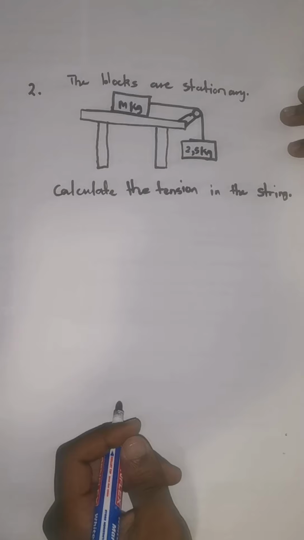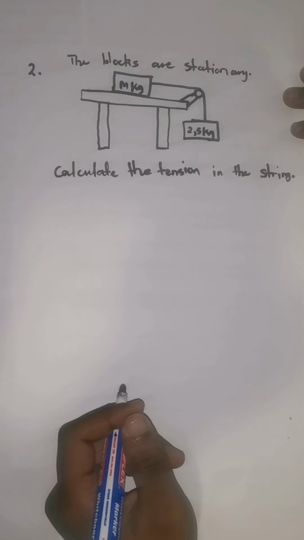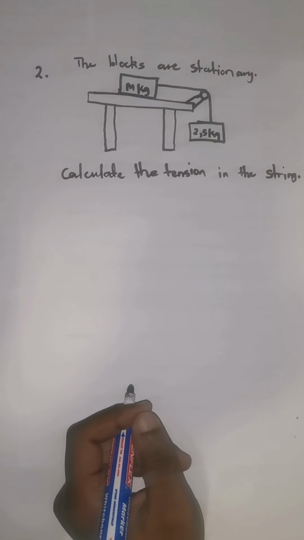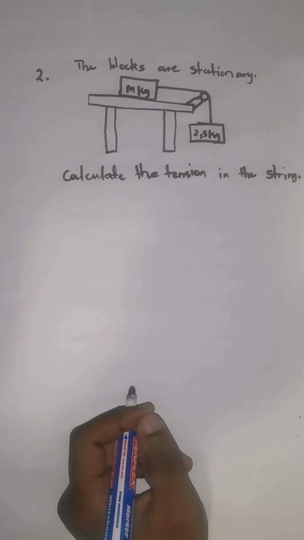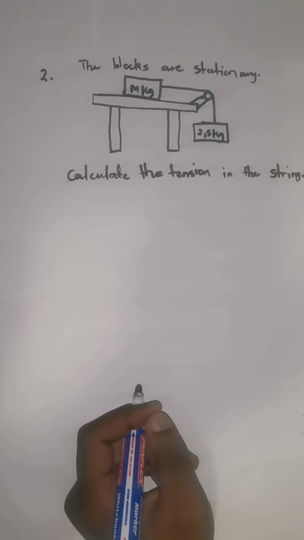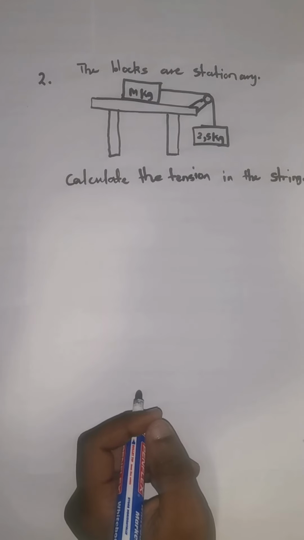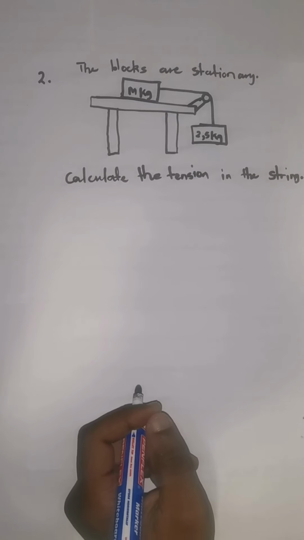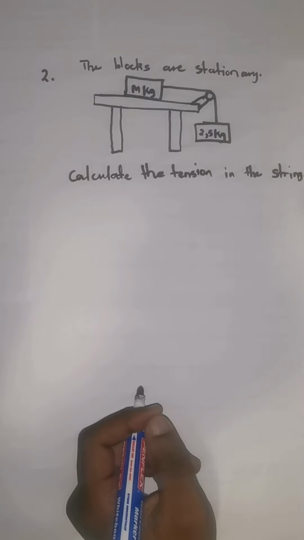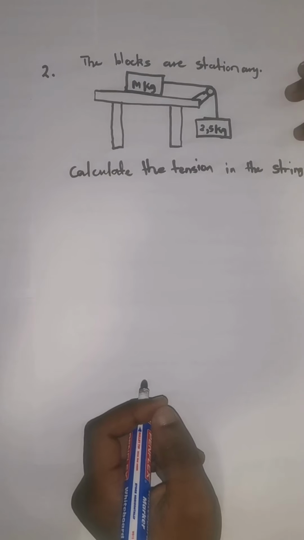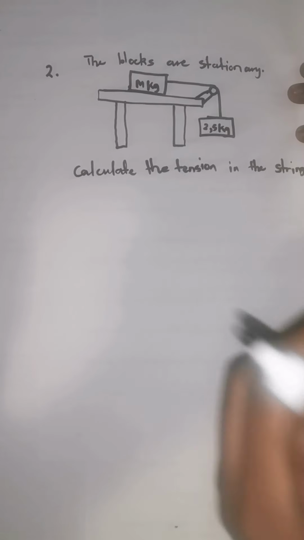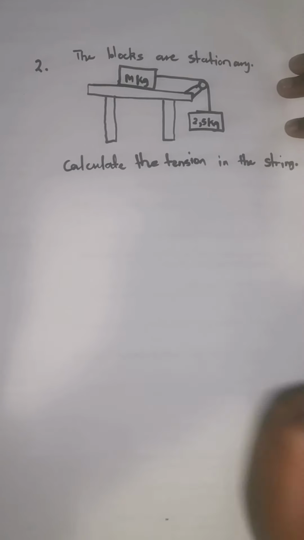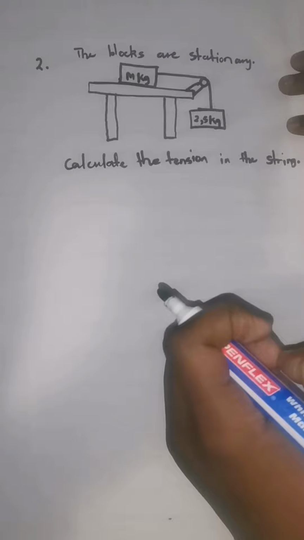So for our second question, we're asked to calculate the tension in the string. So guys, what you need to always notice is that they always lead you on. So when they put a diagram and a statement right there, you need to know that everything links on, right, as you follow through with the questions. So in the first question, we were asked to state Newton's third law in words, right?